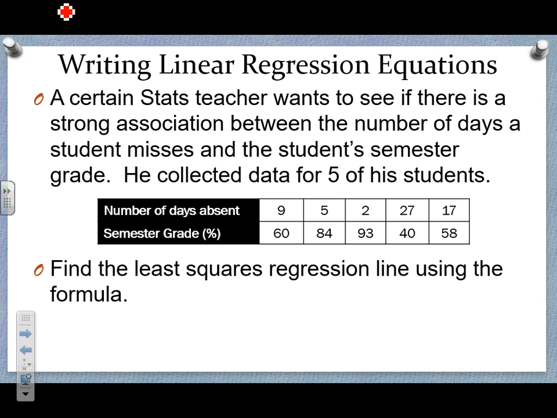Okay, so when you do that, you should be looking at the screen. It's going to give you everything you need. You have your slope, your y-intercept, you have r squared, you have r. Okay, so all that's laying in front of you.